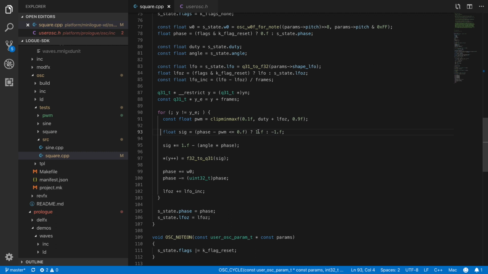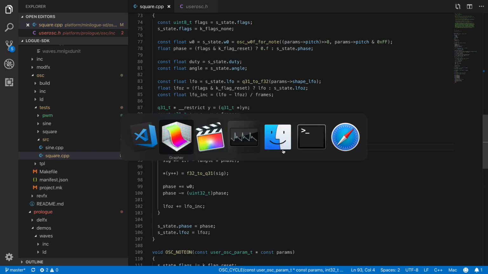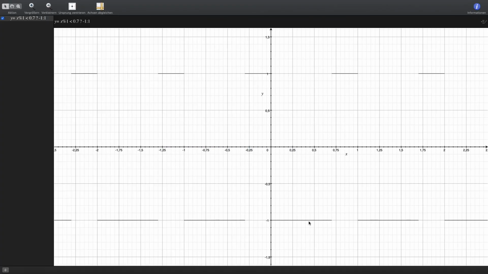It's not going to clip if you do otherwise, but it's not going to give the same waveform. So what this is doing basically is returning 1 if the phase is less than the PWM amount, and -1 if it's more than this. Now in the signal result we either have a +1 or -1, which is exactly what you would expect from a square or a pulse modulated waveform.